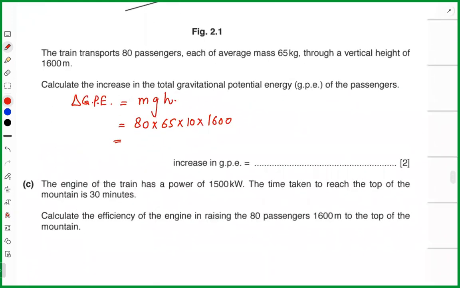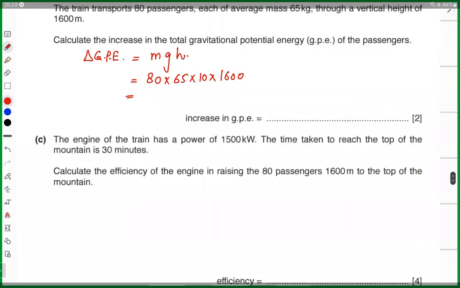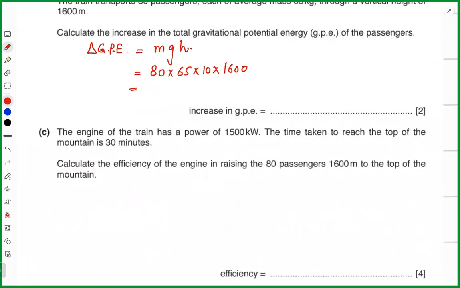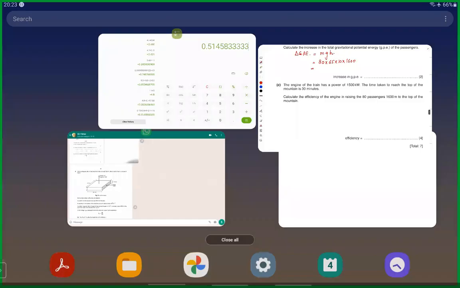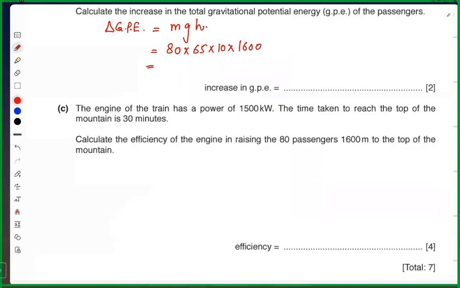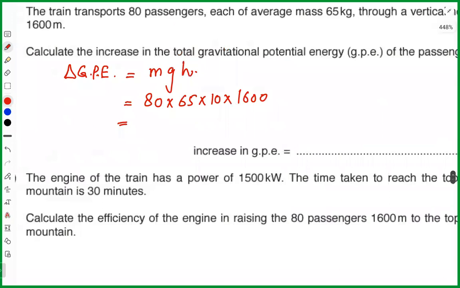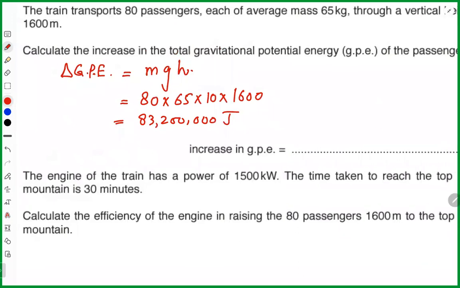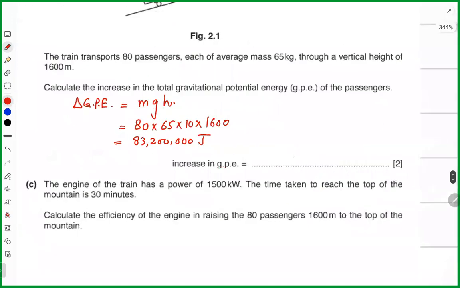It's 83 million 200,000. 83.2 million joules or megajoules.